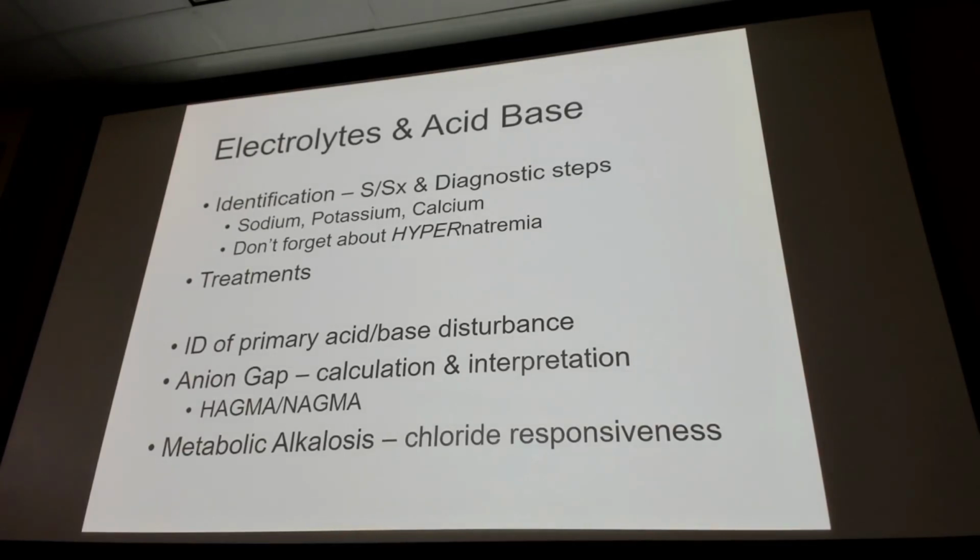All right, so for electrolytes, and there's more slides about this later on in the deck, be able to talk about hyponatremia, and then how that relates to the urine and serum osmolality, right?